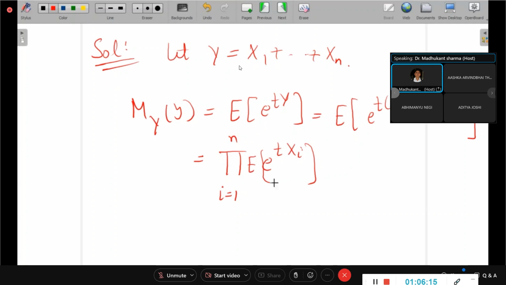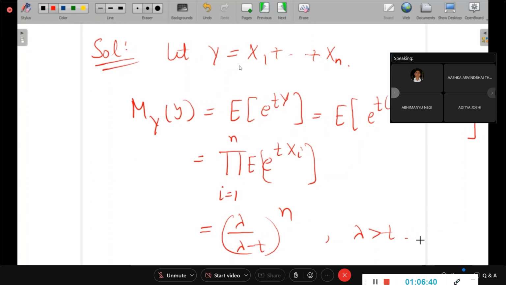We have already seen that for the exponential distribution the moment generating function is lambda by lambda minus t. So it is n times, giving lambda by lambda minus t to the power n. Obviously lambda is greater than t here, or t is less than lambda. This is very straightforward now: Y will follow the gamma distribution with parameter n and lambda.